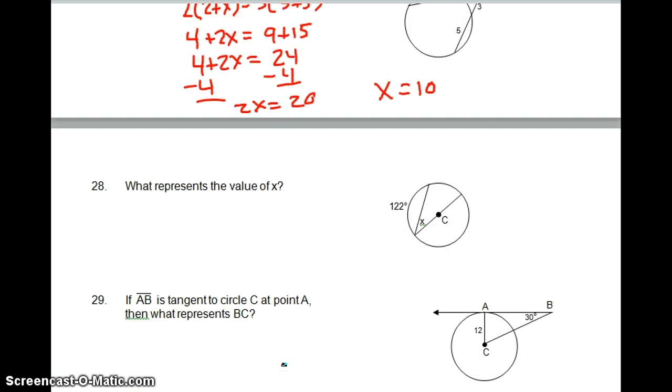28. What represents the value of x? Okay, well, we've got this piece of a circle here, and we know that this is the diameter since it goes through the center. So all of this has to add up to 180, so we'll just do 180 minus 122, and there's that.